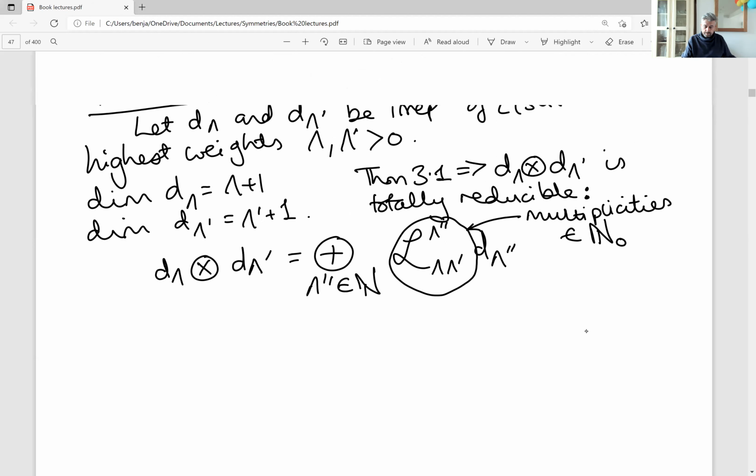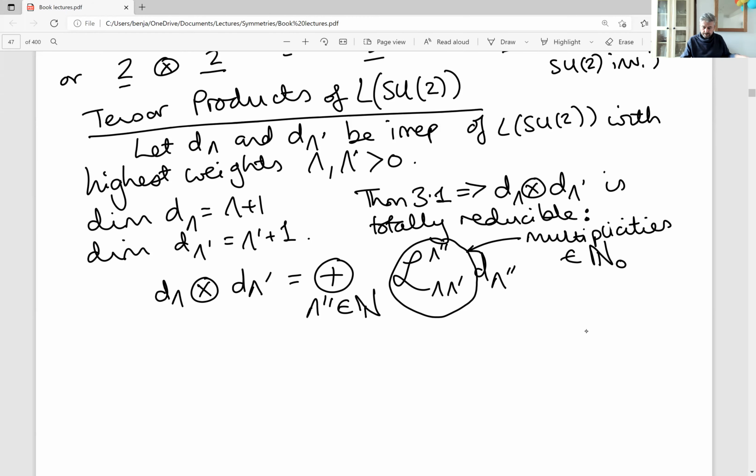Okay, so if you remember at the end of last lecture, we were setting up the tensor product of two representations, d lambda and d lambda prime, of the Lie algebra of SU2. So the tensor product is, by this theorem that we saw before, equal to the direct sum of some other representations of the Lie algebra, along with some multiplicities.